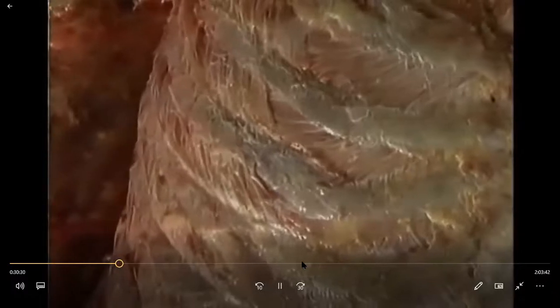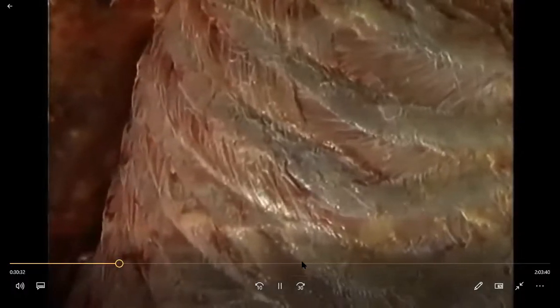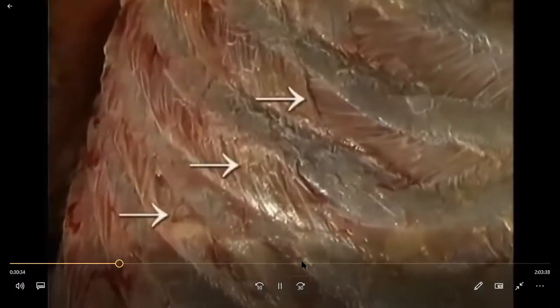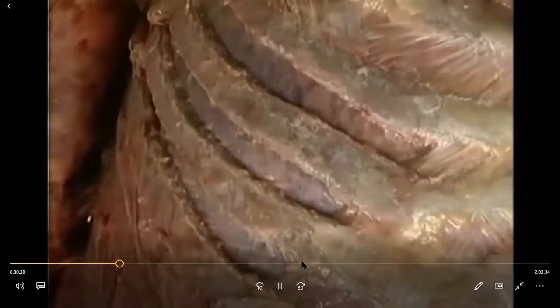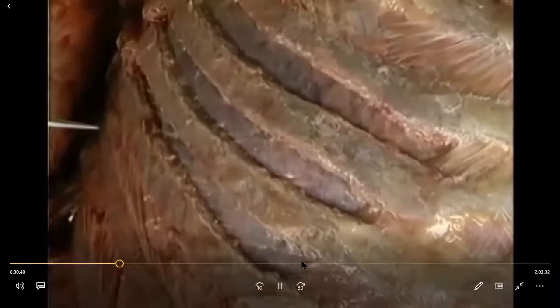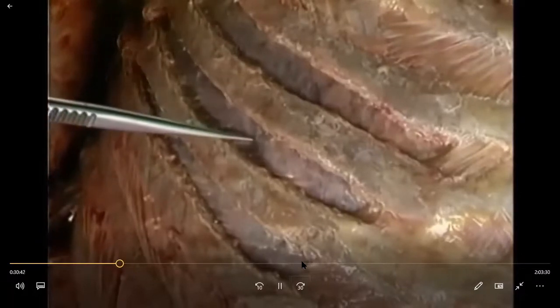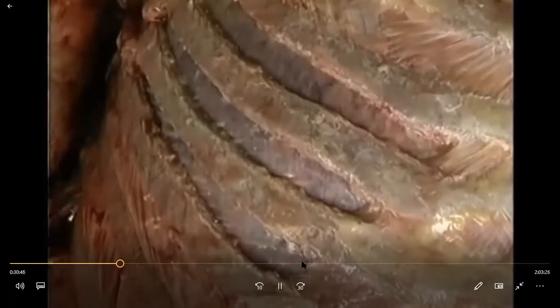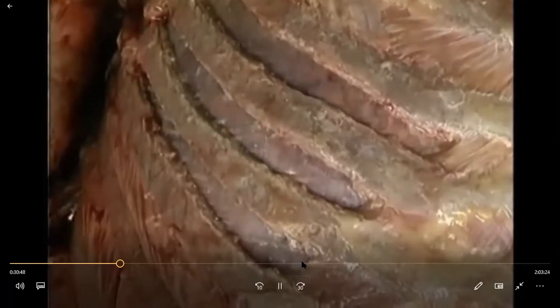To expose the parietal pleura, we'll remove the intercostal muscles from these intercostal spaces. The parietal pleura that lines the chest wall is attached to the inner aspect of the ribs. The visceral pleura, covering the lung, slides just beneath it.